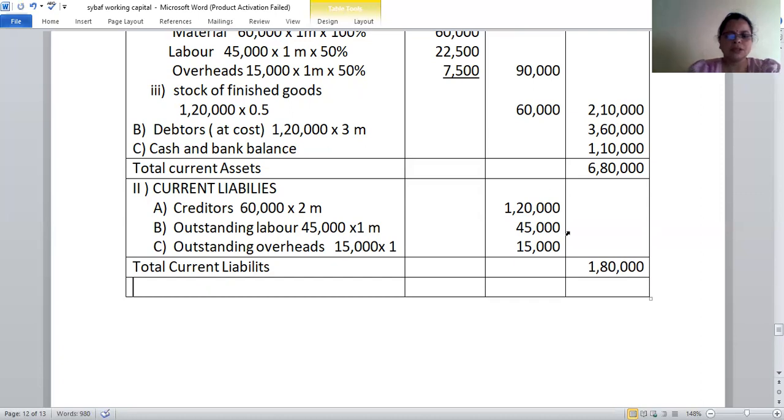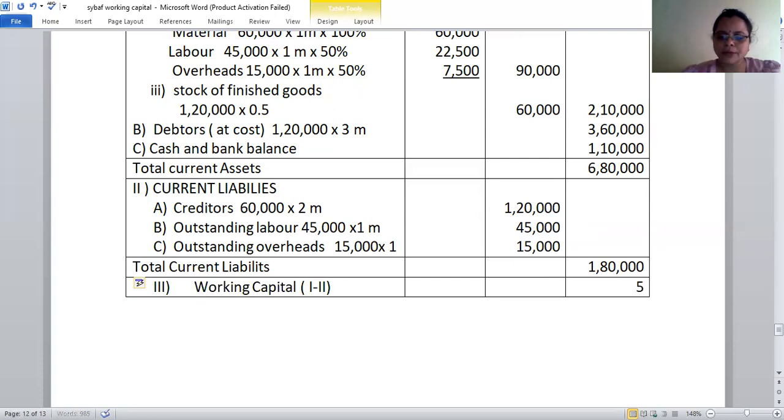So now Roman 3, working capital, is 1 minus 2. So 6,80,000 minus 1,80,000, that is equal to 5 lakh.